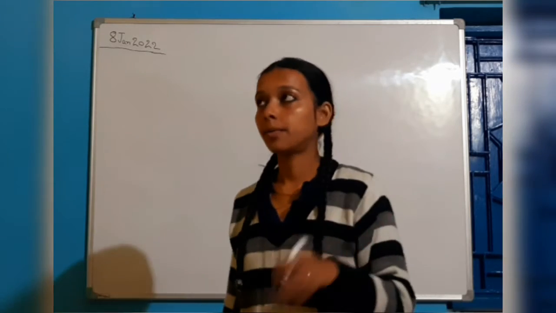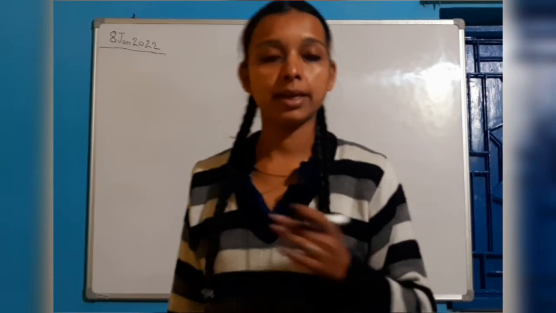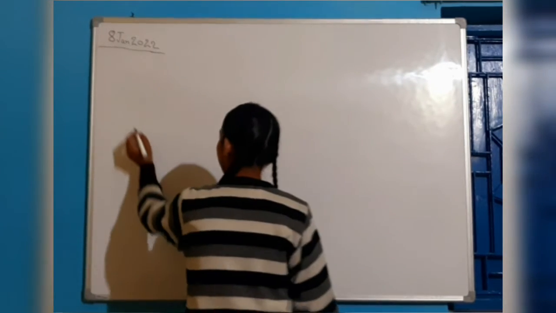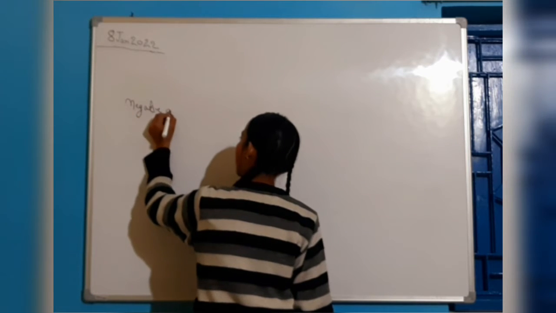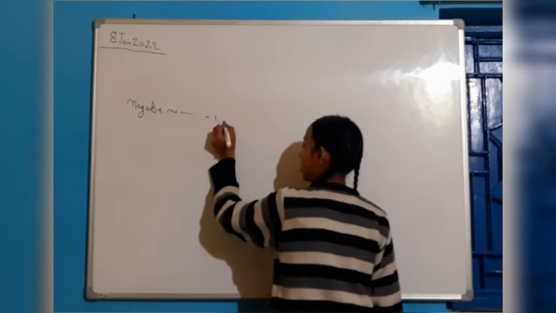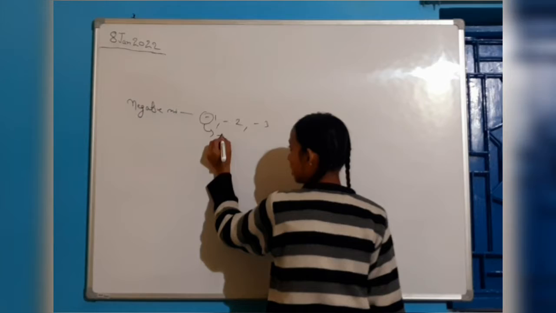We can feel it without making any symbol. But in negative numbers, we have to give a sign: -1, -2, -3. This minus sign represents the negative.